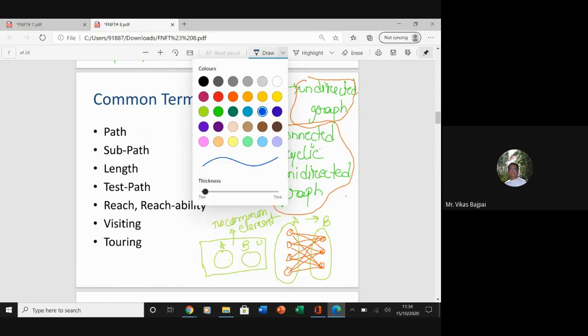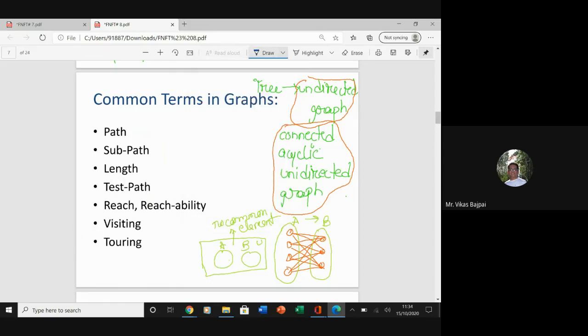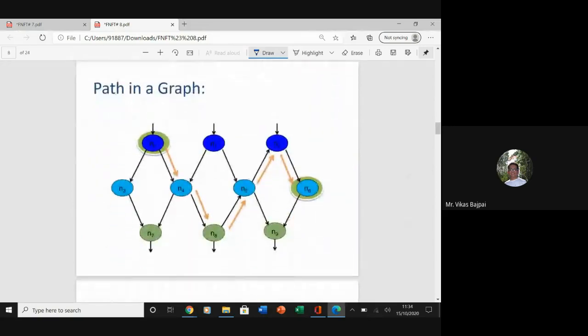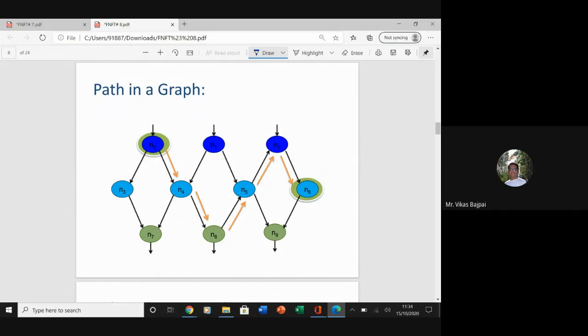These are some of the common terms: path, subpath, length, then test path, reach or reachability, visiting, and touring. These are common terms associated with graphs. When we talk about paths in a graph, from n0 to n6 we see a directed path.